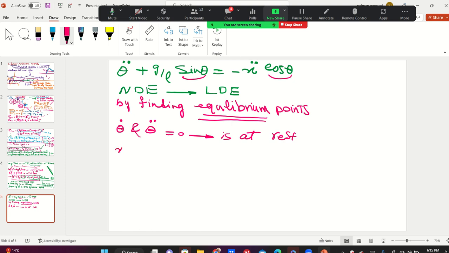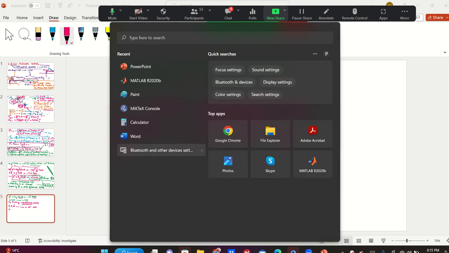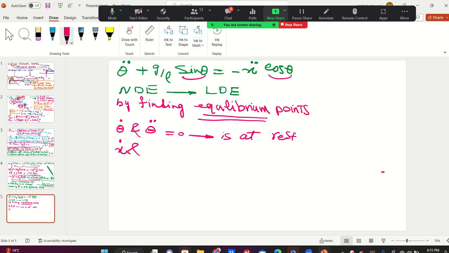Or for the translational motion, velocity, this is for rotational, and the acceleration is 0, equilibrium point. Or you are dealing with the pressure of a tank, the rate of the pressure and P double dot are 0. Or for the temperature of a room, the rate of the temperature and T double dot are 0.